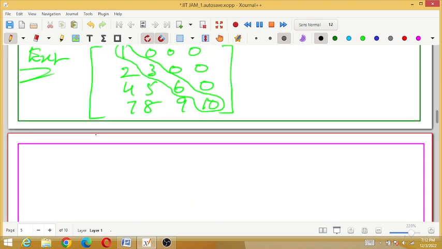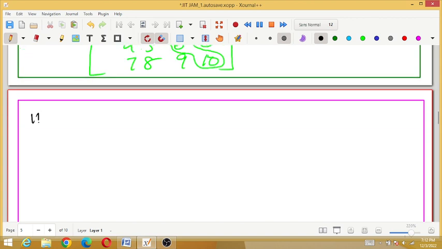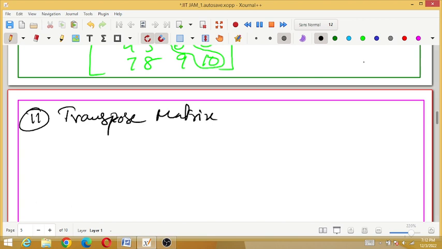Transpose matrix. The name itself is there.